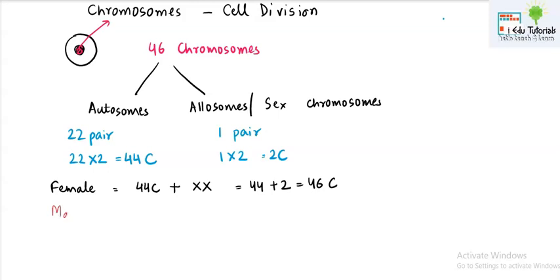Now if you talk about the male, they have 44 chromosomes plus XY. Again 44 autosomes plus 2 sex chromosomes, that means we have done the justification: 46 chromosomes are found in the human male.